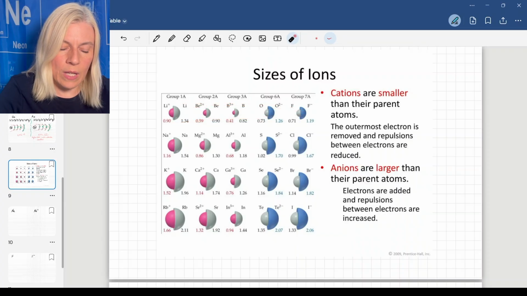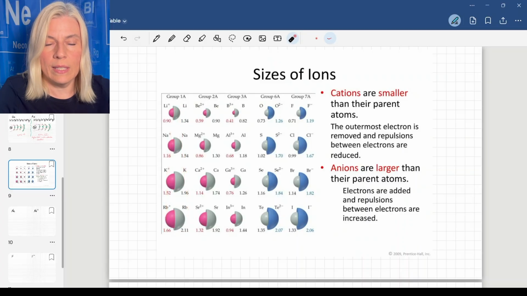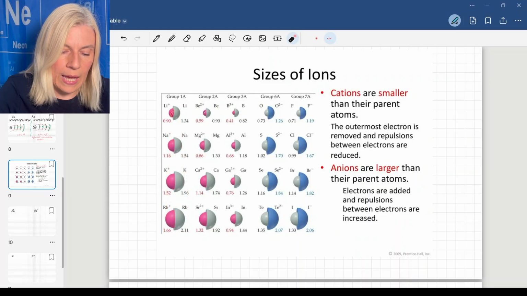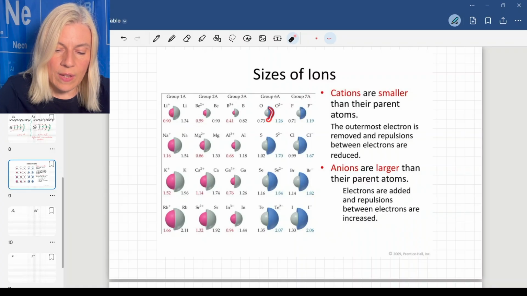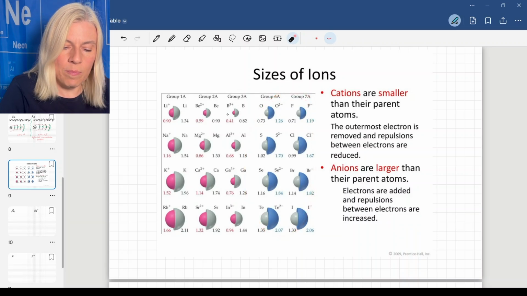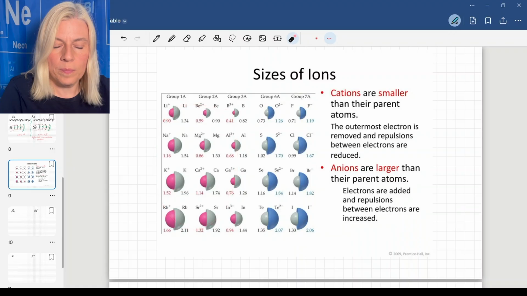And if you just look at gray spheres, if you go down, you can see that they get bigger, exactly what we expect. Now, pink is the cations of the neutral atoms, and then blue is the anions, right? So our non-metals would like to add electrons, and metals want to lose electrons. So we have our cations as pink, anions as blue.